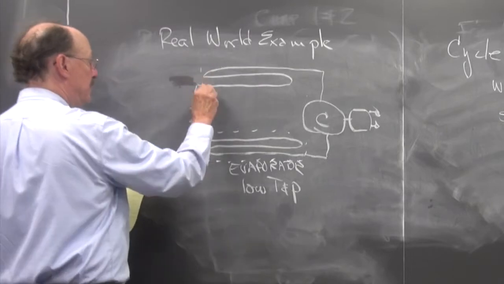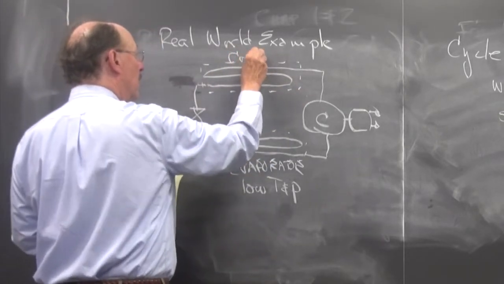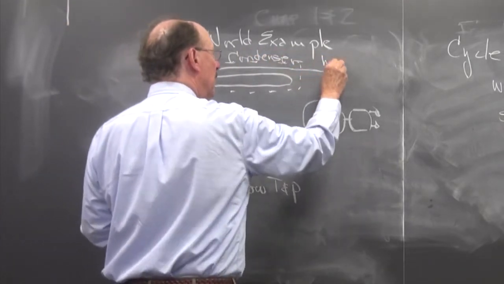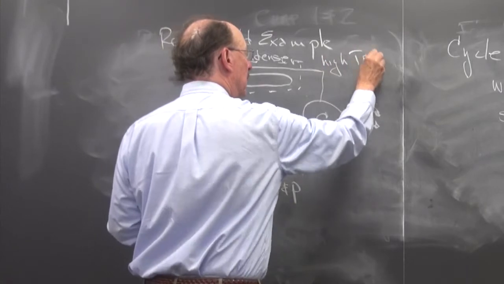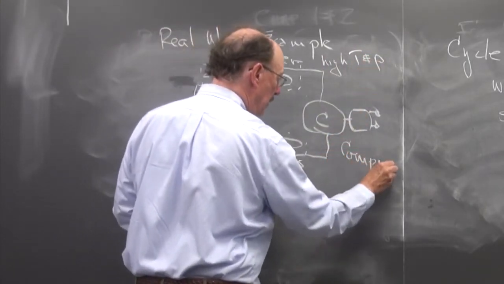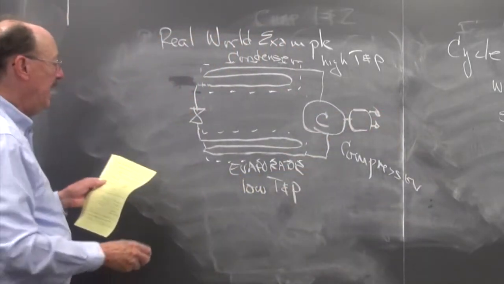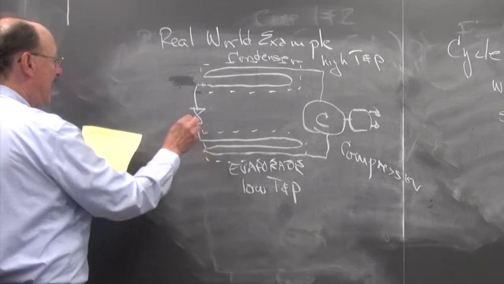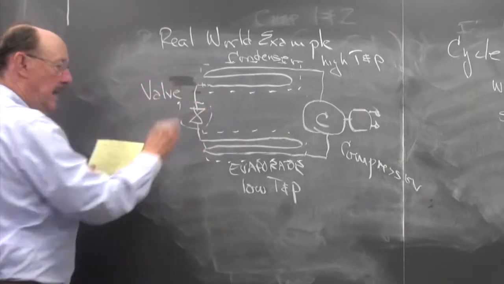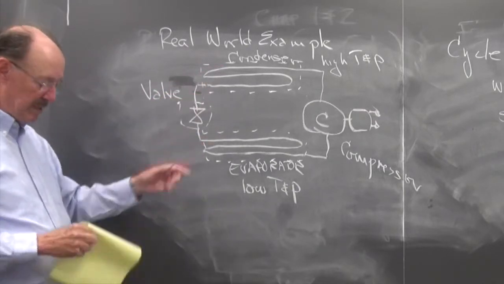We have a condenser, and here you're going to have high T and P. Here's your compressor, so you have electrical work going in. And here's your valve. The purpose of the valve is to reduce the pressure and lower the temperature.